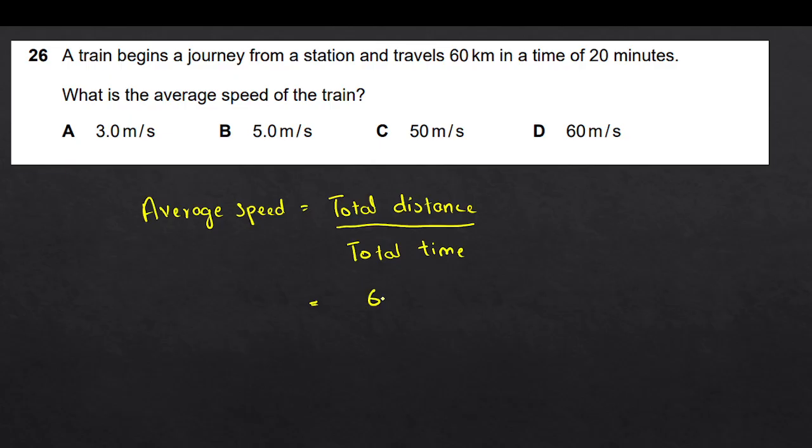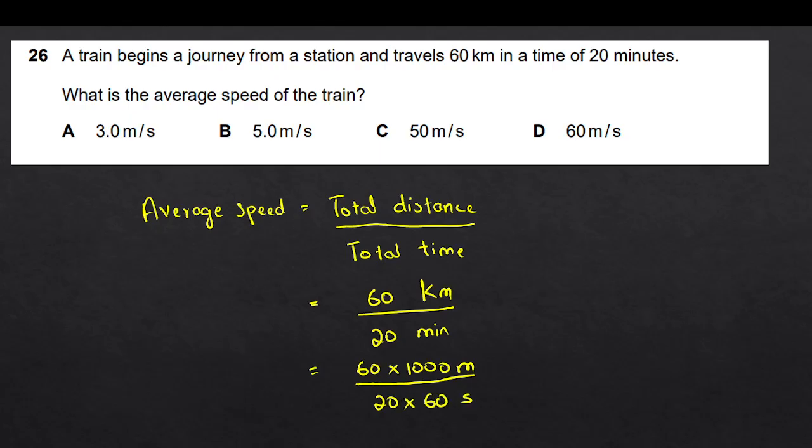So we have 60 kilometers over 20 minutes. We can rewrite this as 60 times 1000 meter, because 1 kilometer is 1000 meter, divided by 20 times 60, because 1 minute contains 60 seconds.